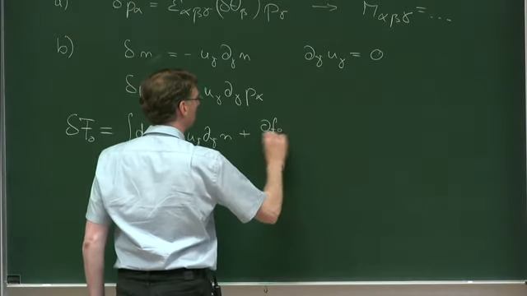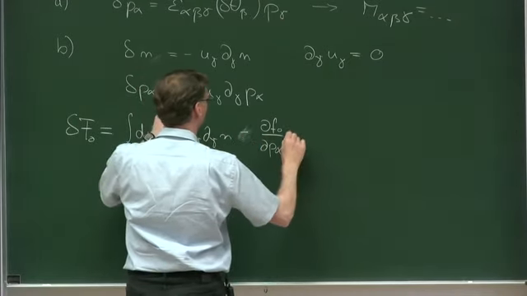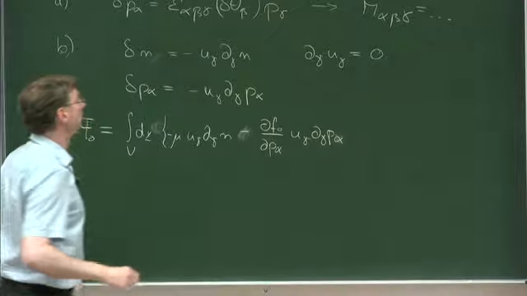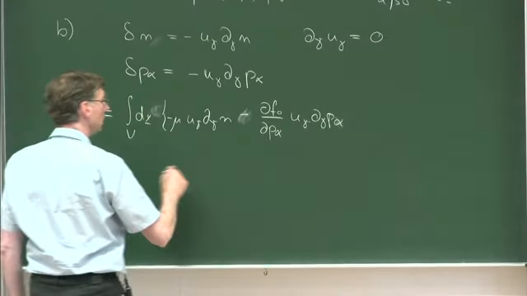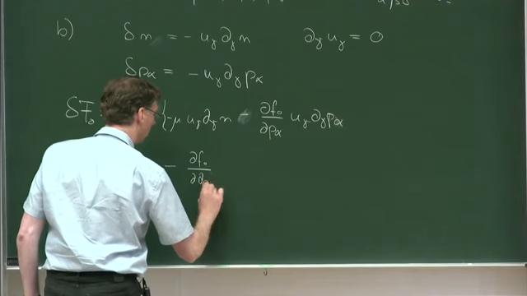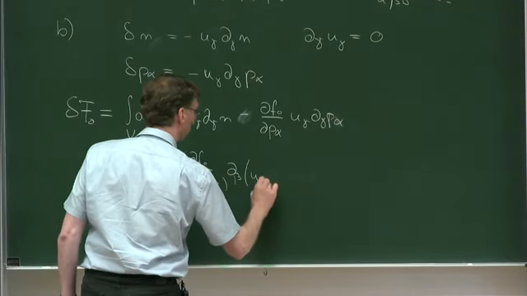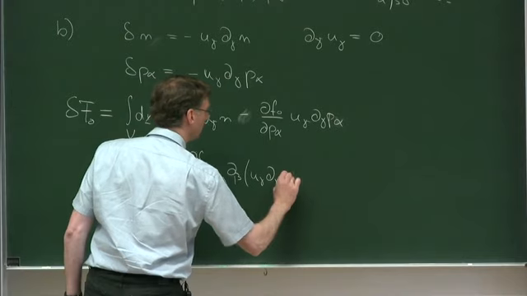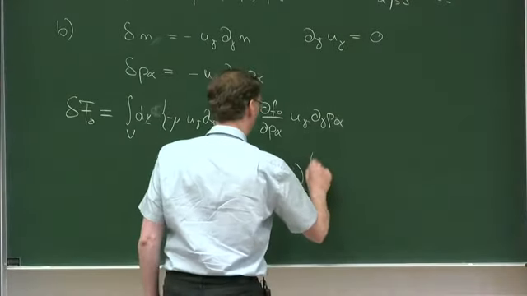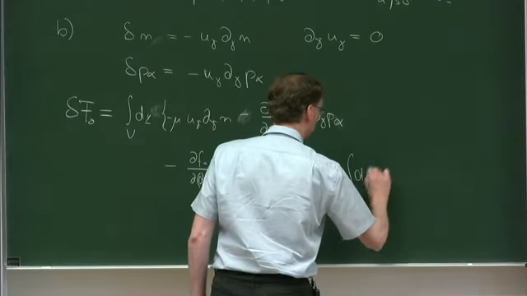Then we have our ∂f_0/∂p_α, and now u_γ ∂_γ p_α. Then I have to take the next term, which is ∂f_0/∂(∂_β p_α) times ∂_β of u_γ ∂_γ p_α, and that's that for that. And then we have the surface term, which I just keep the way it is.